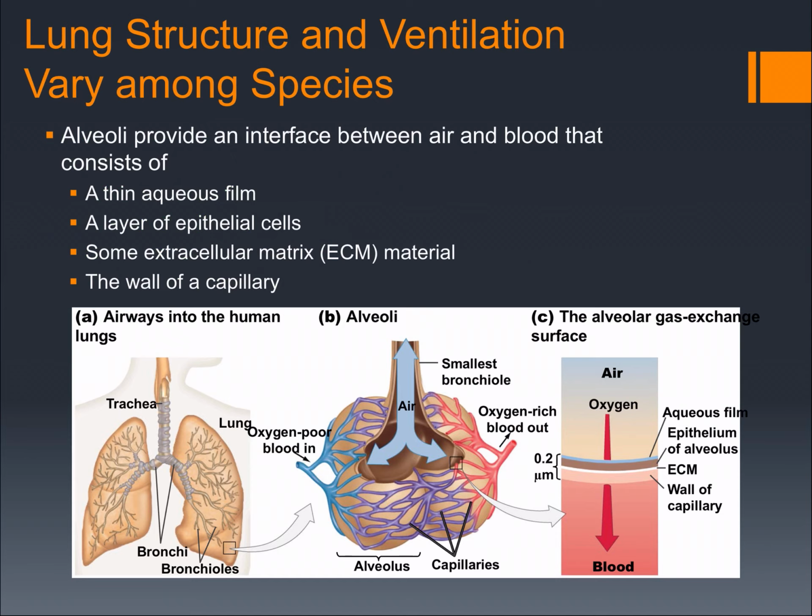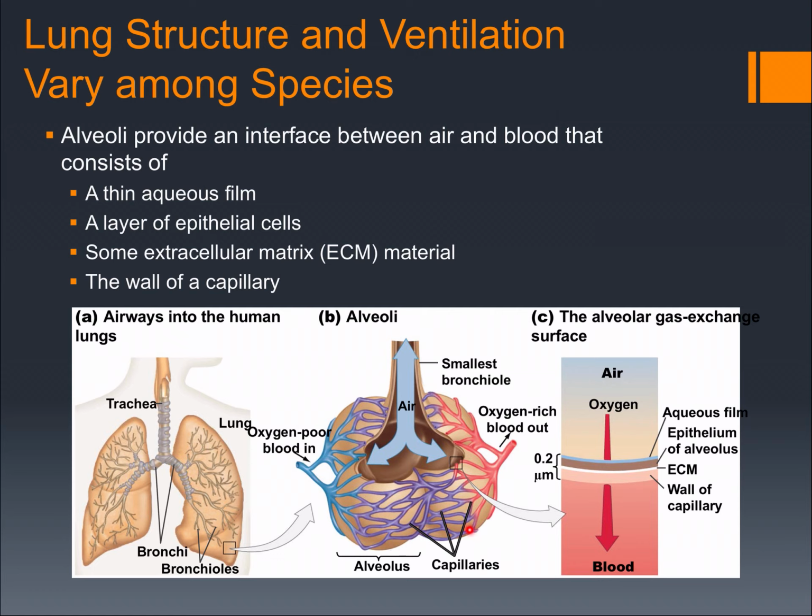You can imagine a wet balloon is going to stick to itself inside, whereas if you have a slippery surface on there, it won't stick to itself, and that's what the surfactant does. There's also a layer of epithelial cells that allow for the exchange of gases, some extracellular matrix material, and of course the wall of the capillary, and all of these things allow for that exchange to take place between the capillaries which surround the alveoli.